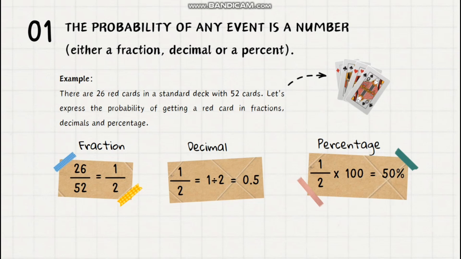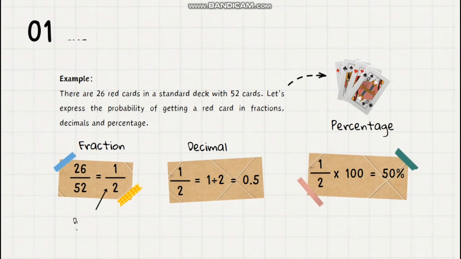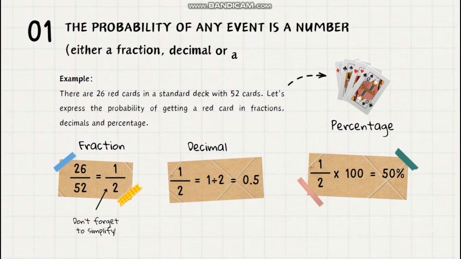So we have here 26 over 52. 26 is the desired outcomes and 52 is the total number of outcomes. If we simplify this one, we've got the answer which is 1/2. And if we convert 1/2 into decimal, we've got 0.5. And if we convert it to percentage, we've got 50%.